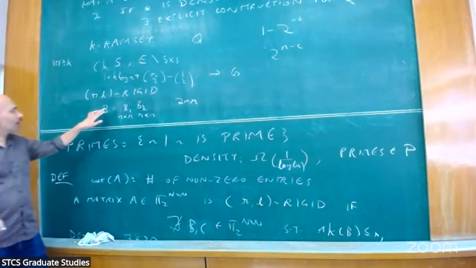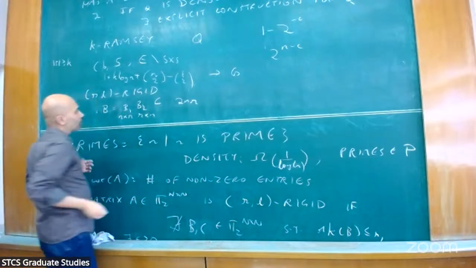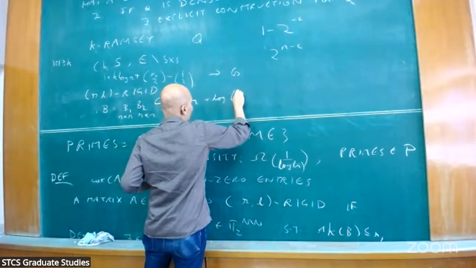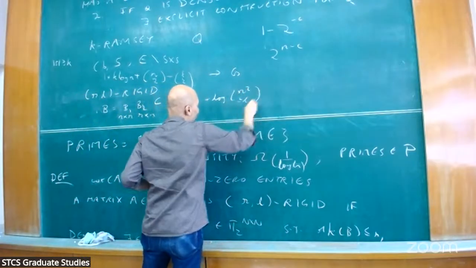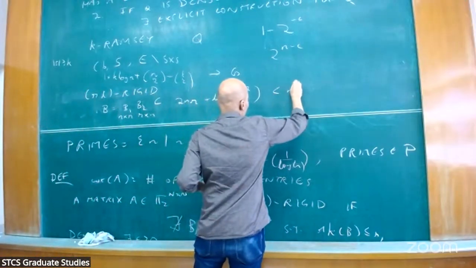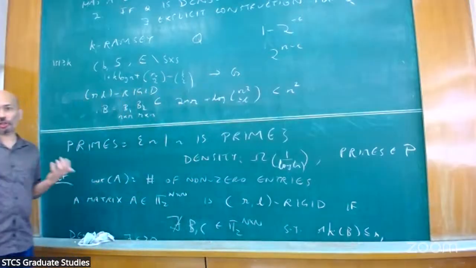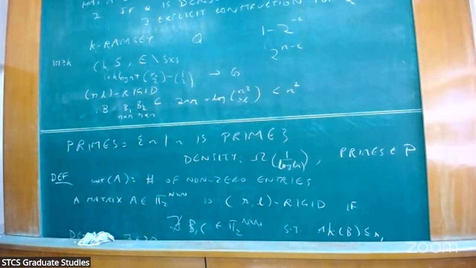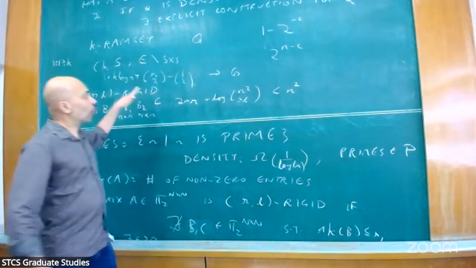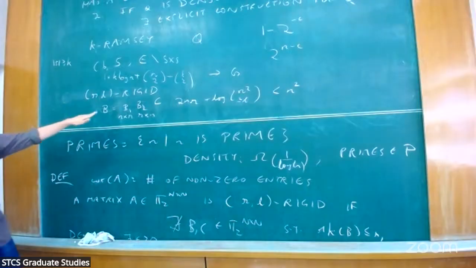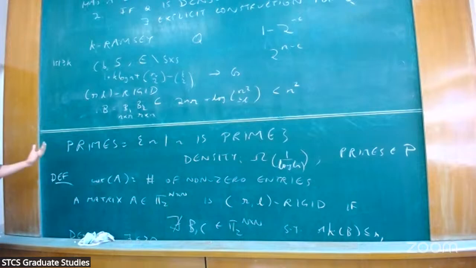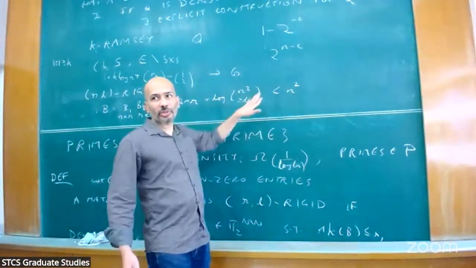And then you have C, which is a weight at most L matrix. That can be described by L times log of n squared bits. And so this is going to be quite a bit less than n squared when you choose L and R appropriately. Given B1, B2, and C, you can recover the non-rigid matrix A, which is B1 times B2 plus C, right? So every non-rigid matrix can be recovered in this way from a smaller description efficiently.